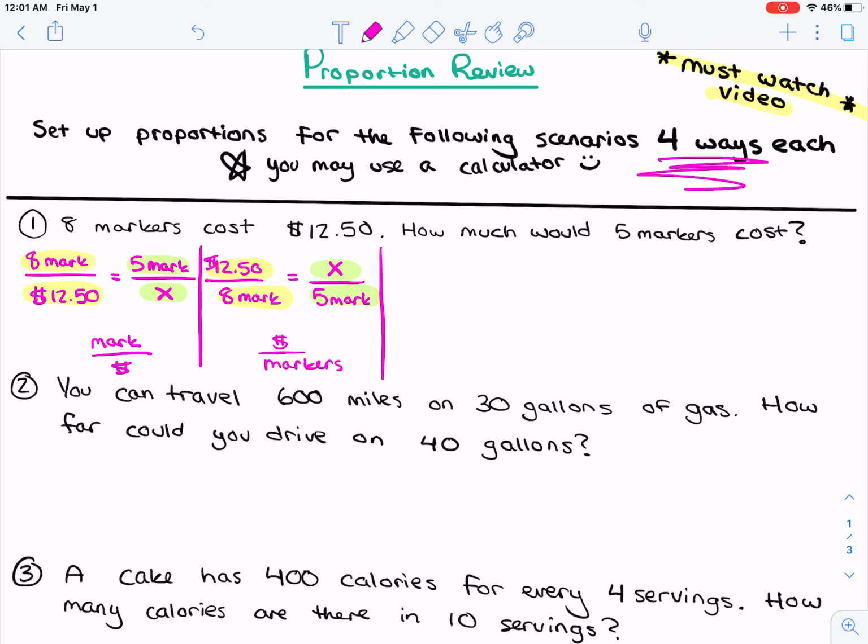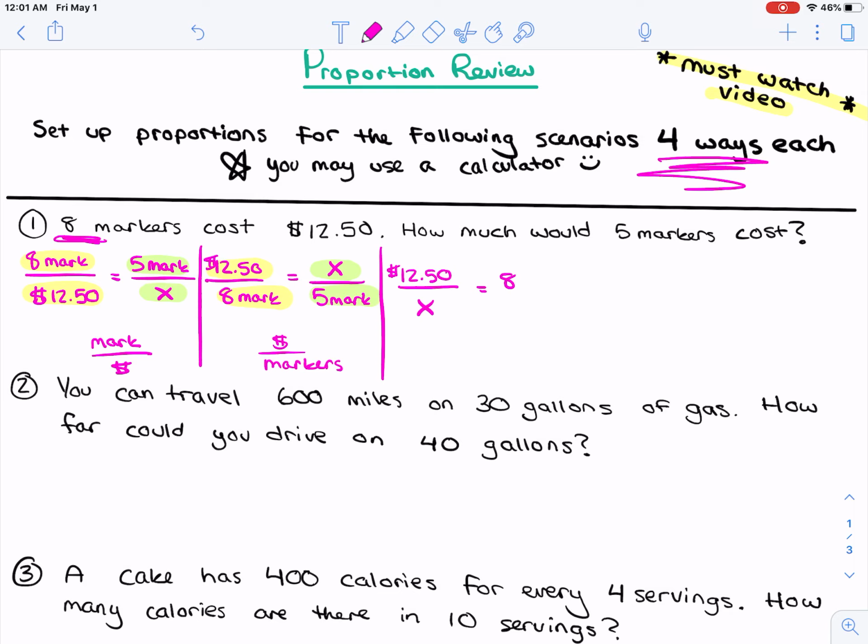Now, another way we can go about doing this, instead of having all the yellows on the left and all the greens on the right, we can split it up. So I'm going to go ahead and say $12.50 is going to be my top number. And I'm going to actually do money over money is going to equal markers over markers. So $12.50 is going to be over X. And then since I started with my $12.50 on the top, that's related to my 8 markers.